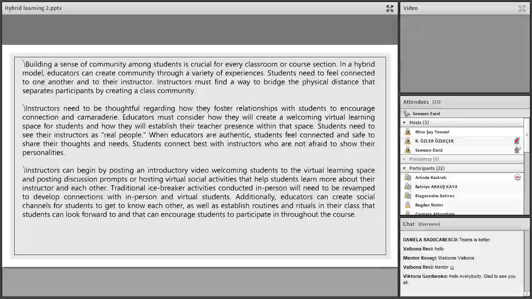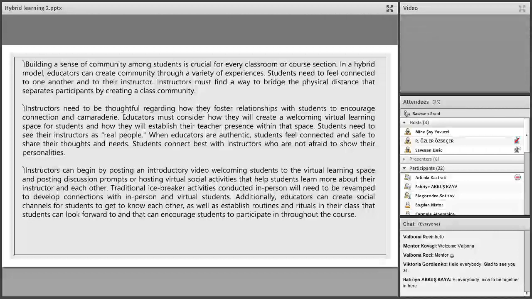Also, they can create community through a variety of experiences, because students need to feel connected to one another and to their instructor, of course. Now, the educators must find a way to bridge that physical distance, to bridge the gap. I mean, this physical distance that separates the participants, by creating, of course, this kind of class community.